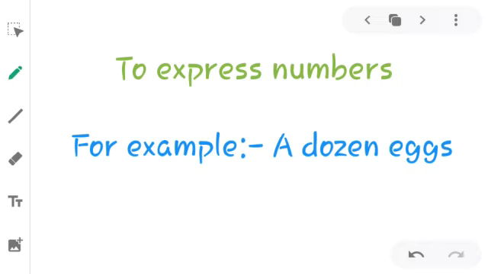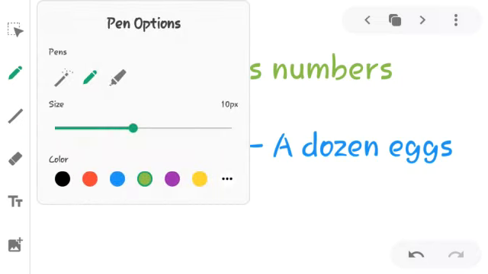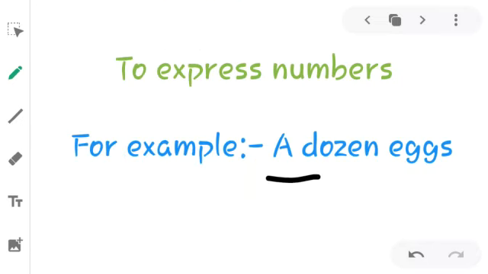Now here is another rule. Sometimes we use an article for numbers as well. That means a dozen eggs. A shows the number, which means 1. So a or an is also used for 1, if we are talking about one thing, like he has borrowed a hundred rupees, where a hundred means 100.